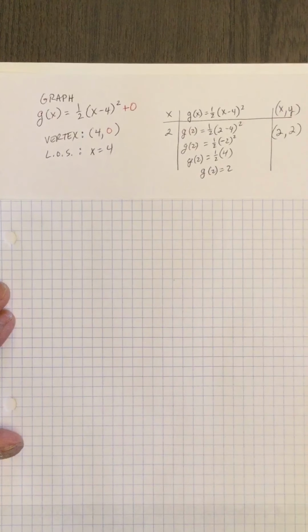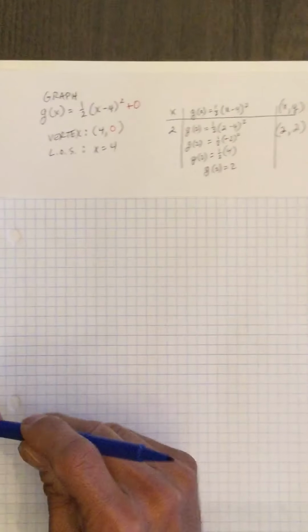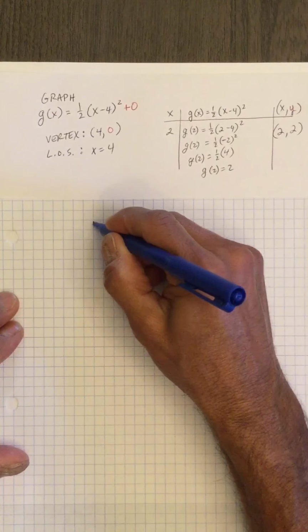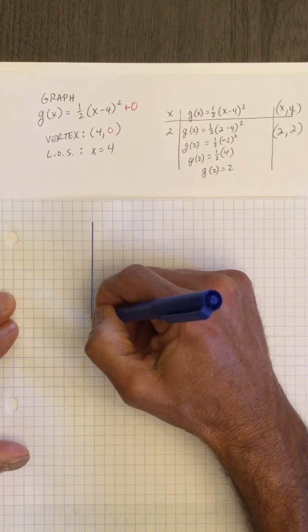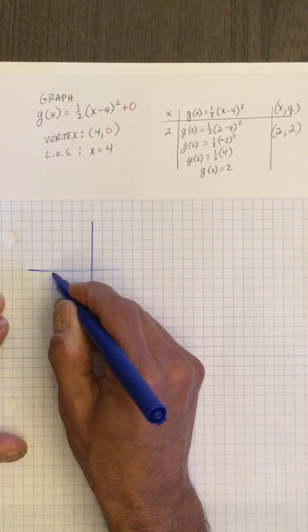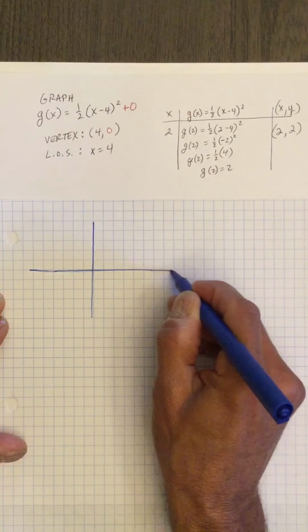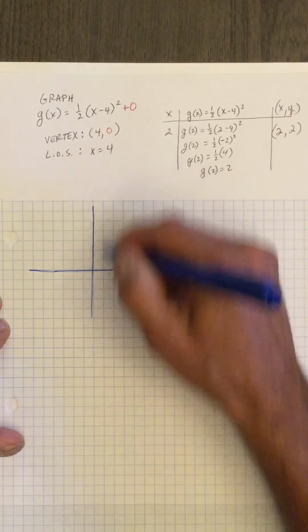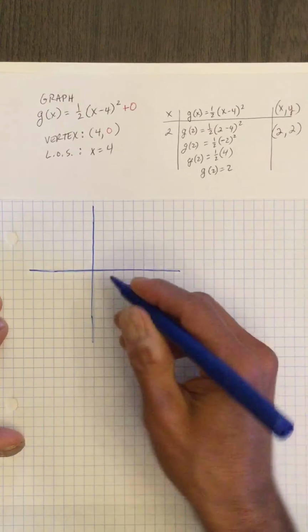So let's take a look and let's see what we can do here. We're going to try to graph this thing. I got some graph paper here. Ooh, that's not very good. And let's take a look and see how this comes out.